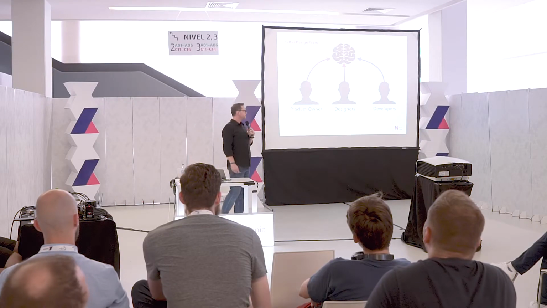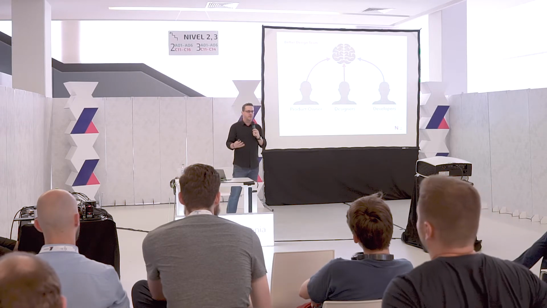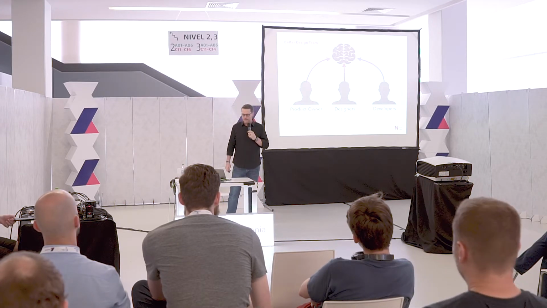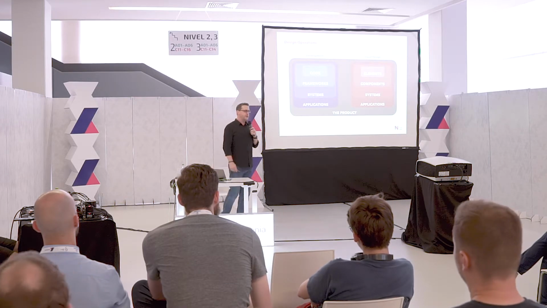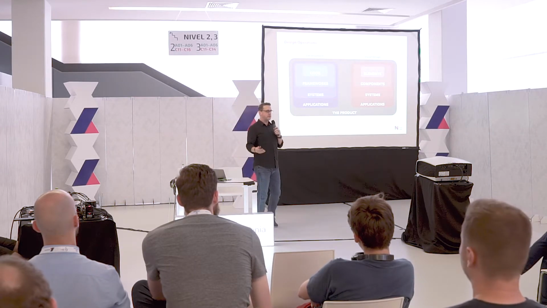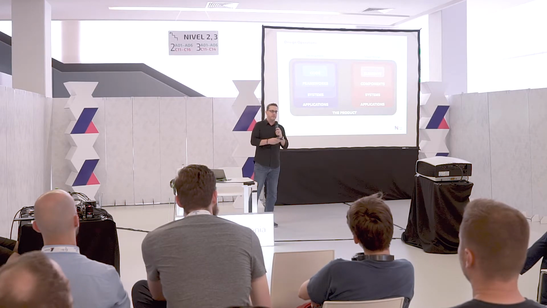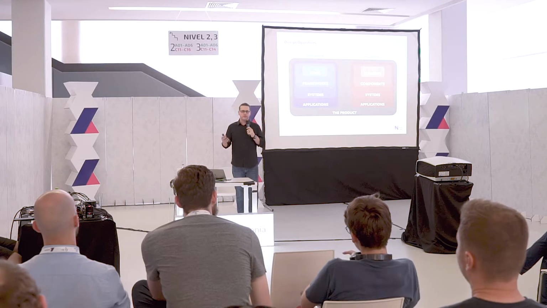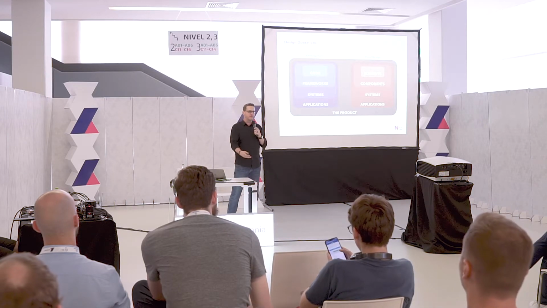So what we want to do is get everyone using the same brain. If everyone thinks alike and everyone has the same set of truth, then the product is going to be better. So we do that by using a common language. And if we think about the way the design side of the house works and the way the development side of the house works, it's actually very similar. On the code side, we start with code, and then the code goes into frameworks, frameworks build systems, and systems build applications, and that eventually goes into the product.